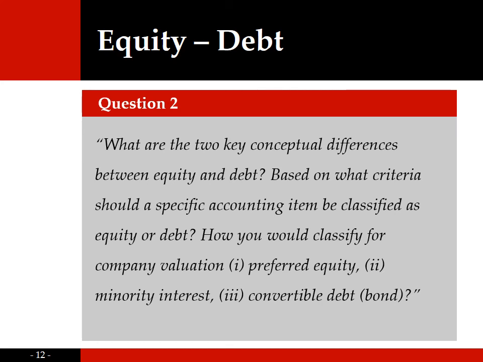Second, I want you to discuss based on what criteria should we distinguish whether an item that is found on the credit side of the balance sheet should be classified as equity or debt. And third, to implement this rule, please discuss how we should classify the following three items: preferred equity, minority interest, and convertible debt.